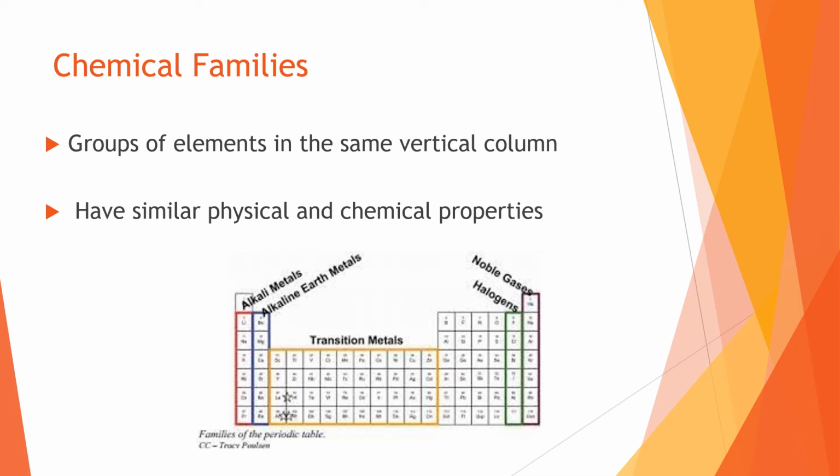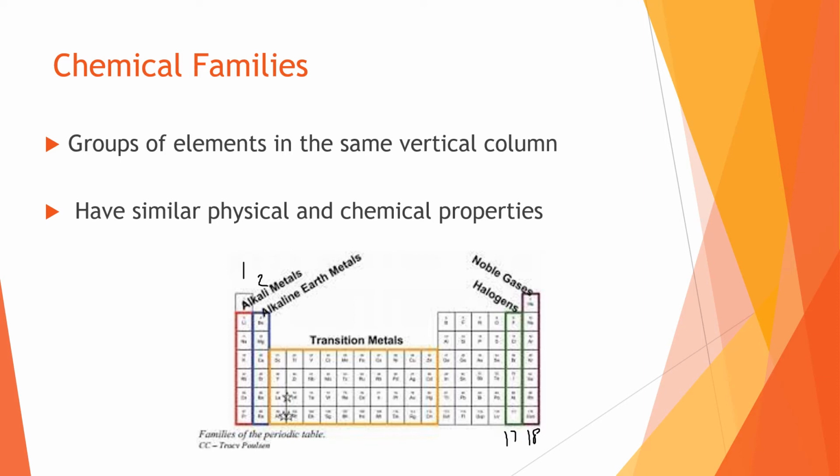So now we're going to talk a little bit about chemical families. So these are groups of elements in the same vertical column. They have similar physical and chemical properties. So you'll see on the periodic table here, we have elements within the same group. So keeping in mind, this is like the first group, second, all the way over here is group 17 and group 18.